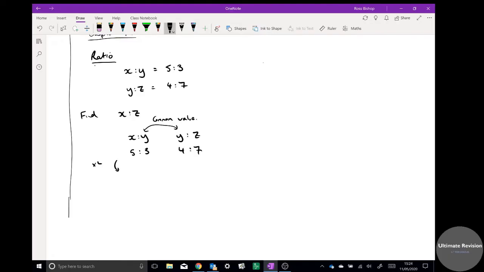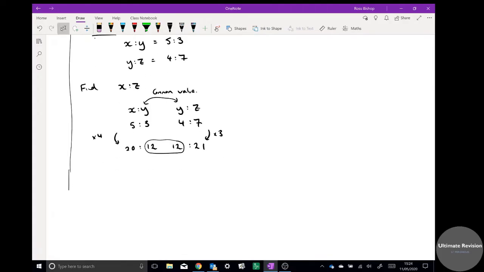Well, I'm going to times that one by 4, and that one by 3. So if I times that whole ratio by 4, I get 20 to 12. If I times that whole ratio by 3, I get 12 to 21. Now, because these are the same, they can be eliminated because they're a constant. So I can bring these two down now. I can say x to z is 20 to 21.